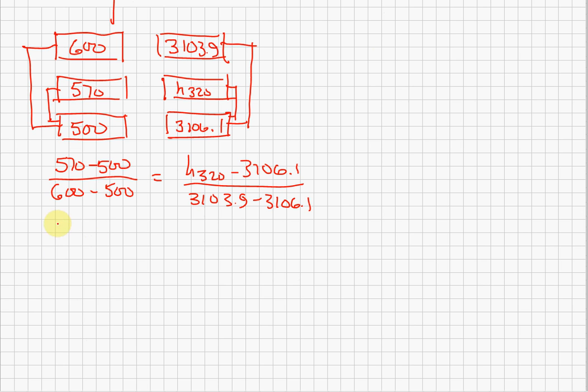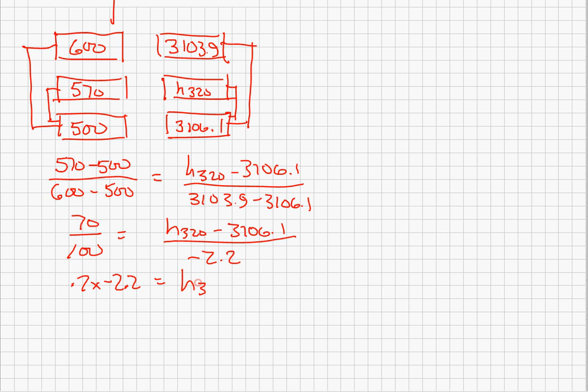And if I do that calculation, I get 70 over 100 equals H320 minus 3106.1 over, in this case, minus 2.2. 0.7 times minus 2.2 equals H320 minus 3106.1.